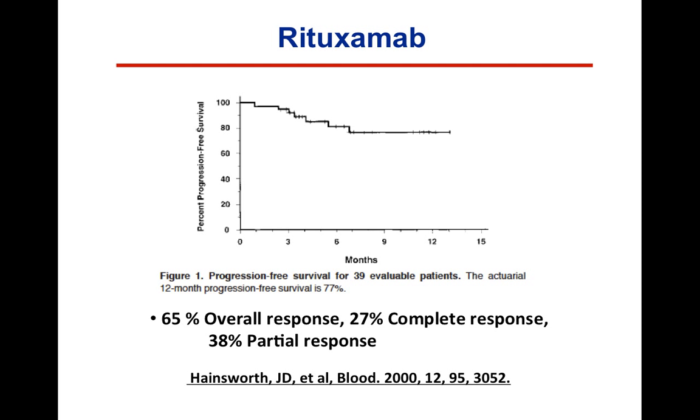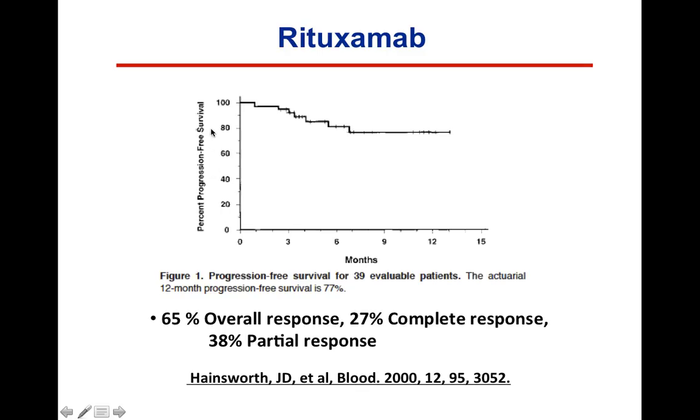Now, when it was used in one of its early trials with about 39 patients, they were looked at over about a 12 month period. This graph shows you the 100% of the patients, and this is the percent that's progression-free survival.